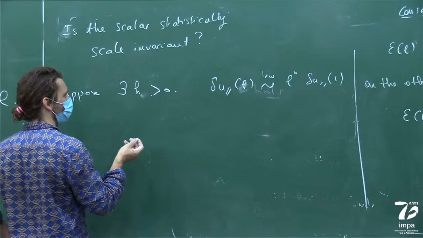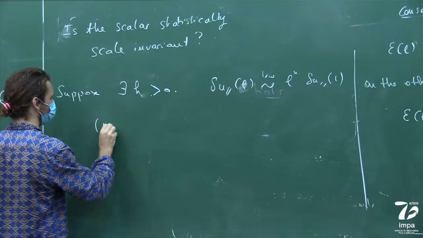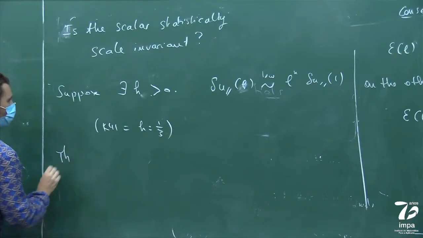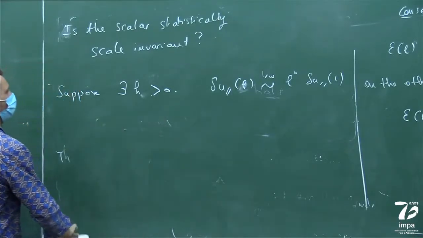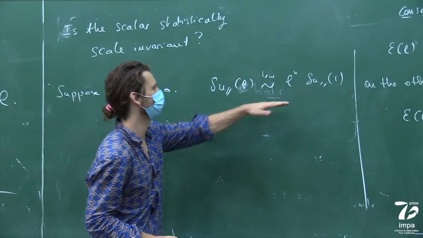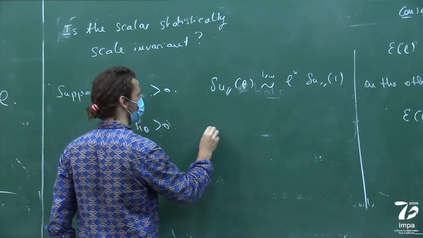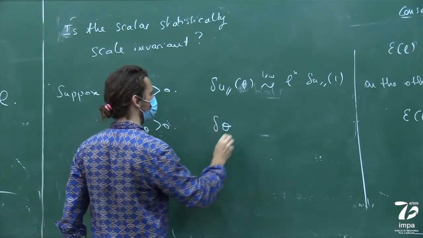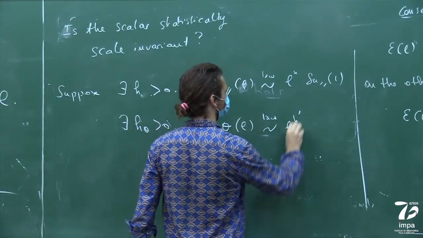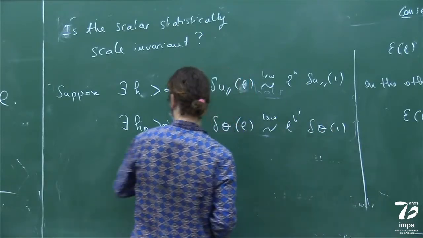And we have seen that K41 imposes H equal 1/3. Then, okay, voilà. So you suppose that there is an H, so that my velocity field is scale invariant, and there is an H prime such that delta theta at scale L is also equivalent in law to L to the power H prime delta theta at 1.